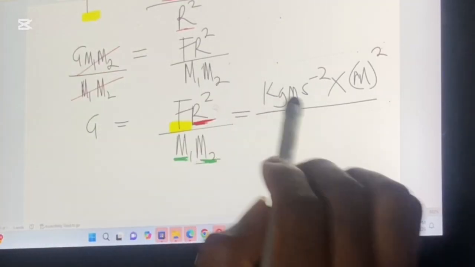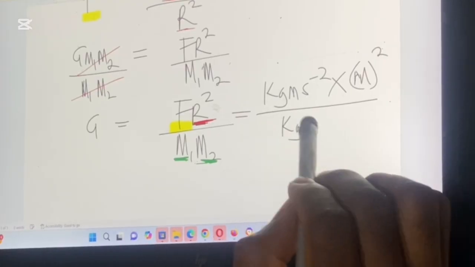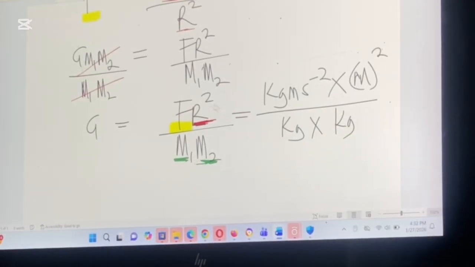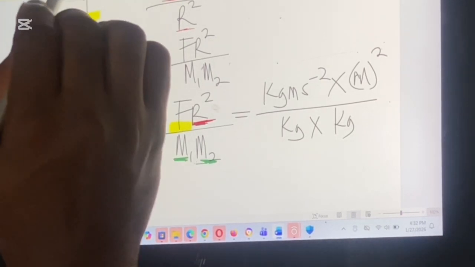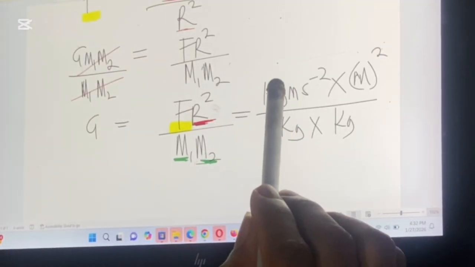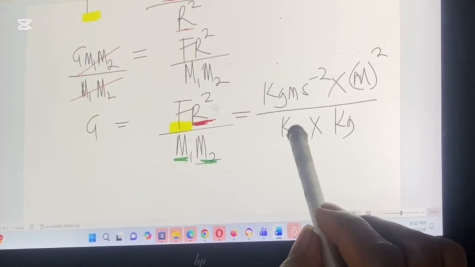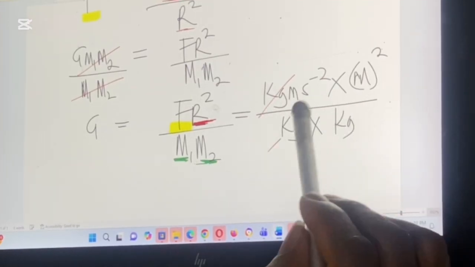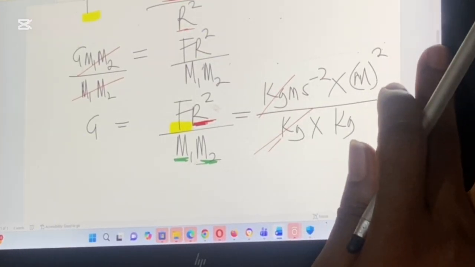So the unit will be kg times kg. Remember, we don't have anything like kg1, kg2. They are all kg. So the kg at the numerator cancels the kg at the denominator. So this will cancel this. I'll be left with this.